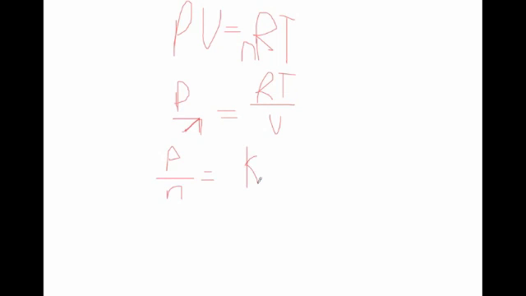So you're starting with a pressure and an amount of moles, and you're ending with a different amount of pressure and moles. So to have an equation to represent this change, we obviously are going to need 2 pressures and 2 moles. And because we have this constant K, we can say pressure 1 over moles 1 equals K, and pressure 2 over moles 2 equals K. It's a constant.